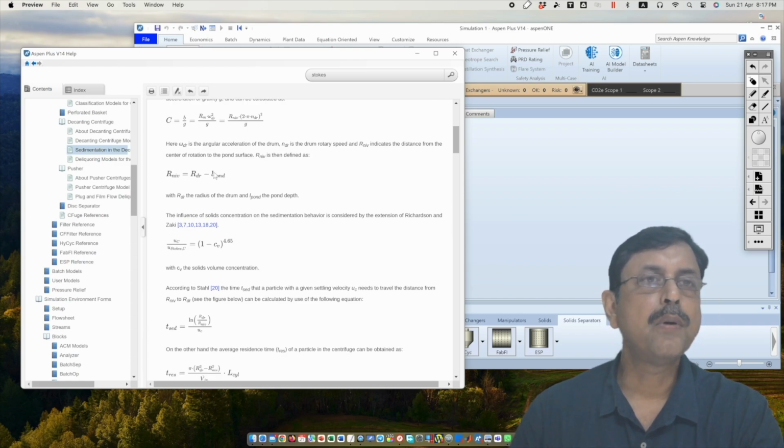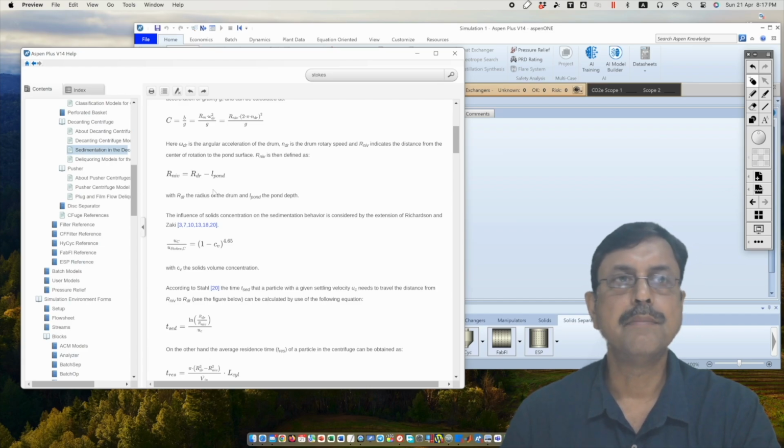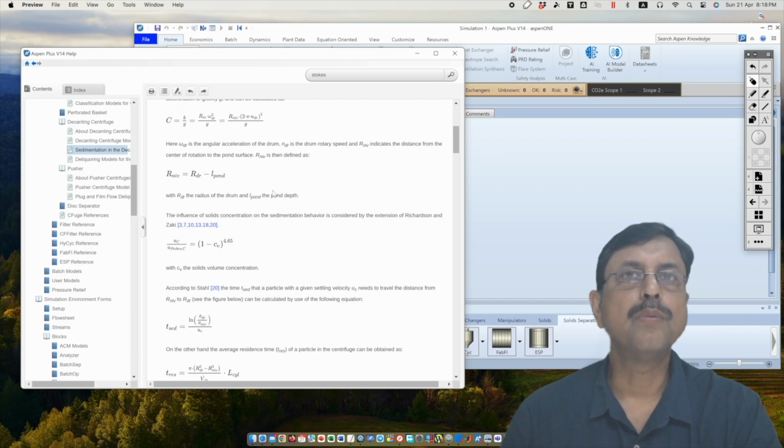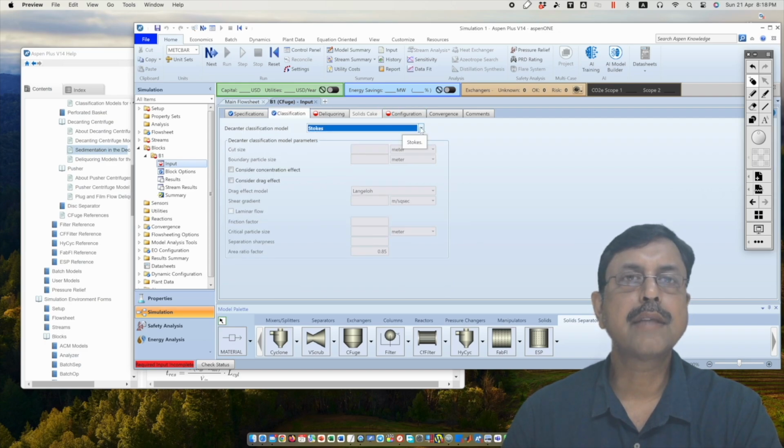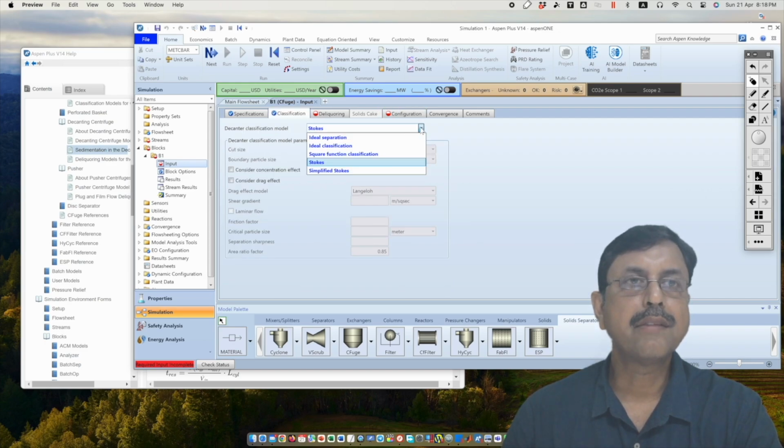Okay, L pond is the pond depth. So if you add that L pond and R neve, then you will get the radius of the drum, which we have explained just now. So this is how Stokes' law based calculation of classification model is done.